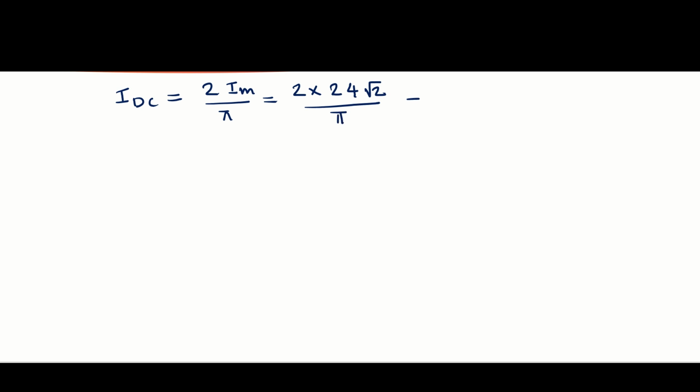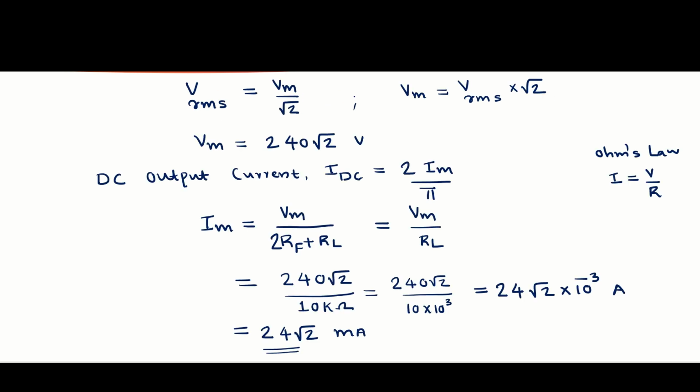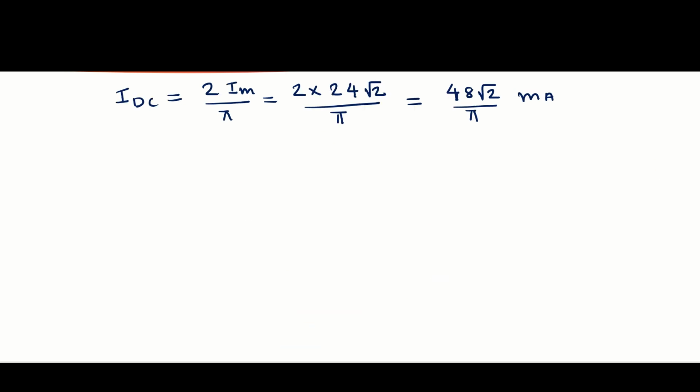So this becomes 48 root 2 by pi milliamps. Remember, the maximum value of current Im is expressed in milliamperes, so IDC is also in milliamperes. So the answer is 48 root 2 divided by pi milliamps.